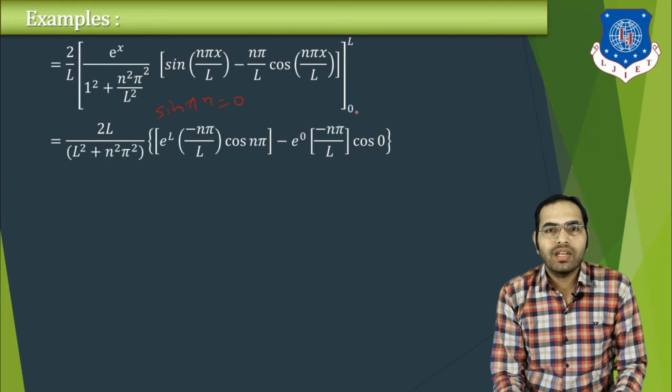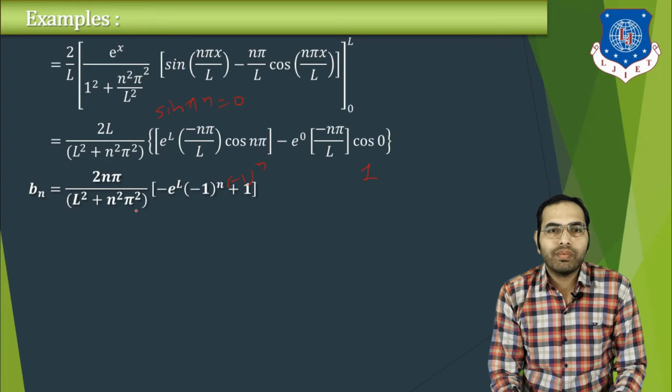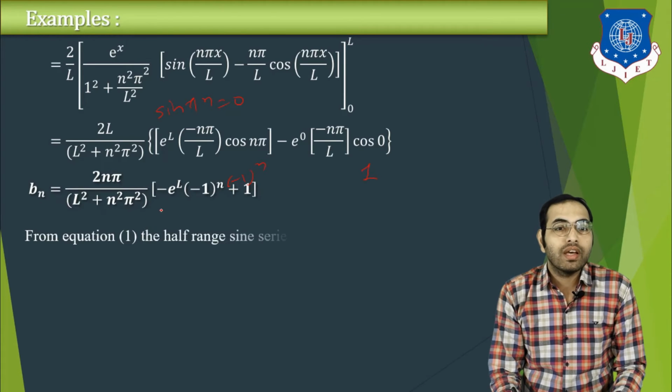The lower limit has a minus, then substituting 0, e raised to 0 into sin 0 that is 0 minus n pi by L cos 0. Here the value of cos 0 is 1 and the value of cos n pi is minus 1 raised to n. Here n pi by L is common and L and L will be cancelled out, that will give you 2 n pi by L square plus n square pi square inside the bracket minus e raised to L minus 1 raised to n plus 1, that is our answer of Bn.